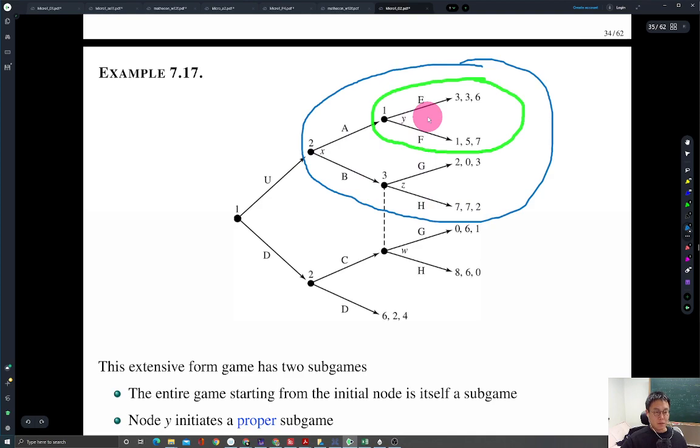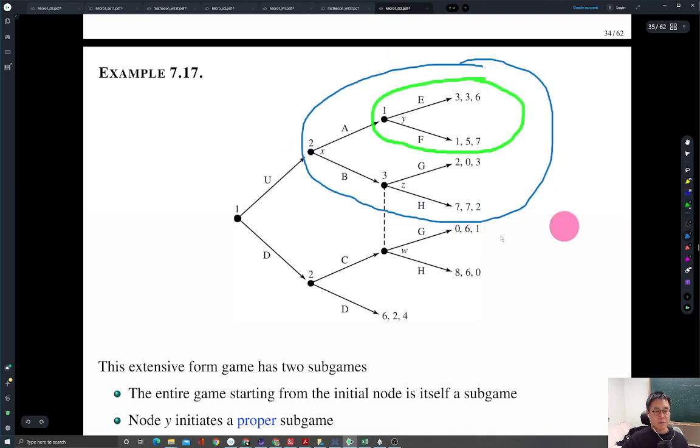But if we take this one, we couldn't help cutting off this information set. If we cut off this one, now it seems like player 3 can distinguish Z and W, but in the original game, he cannot distinguish. So although this is a portion of the entire game, it is not counted as a subgame.